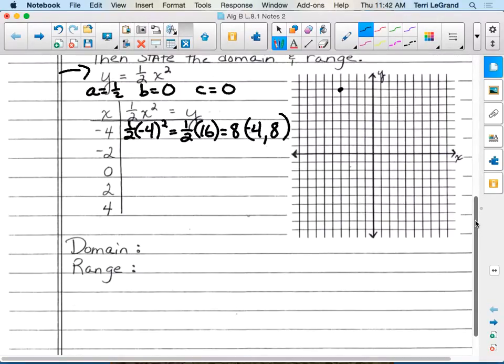Okay. Now we're going to find point number 2. By the way, I will always have you find at least 5 points. So 1/2 has to be multiplied times the x value that has been squared. We square first though, right? We don't take half of negative 2. We square our negative 2, and what do we get?